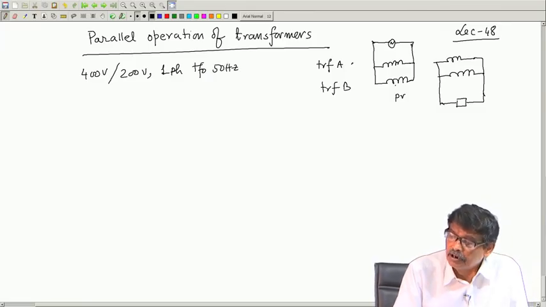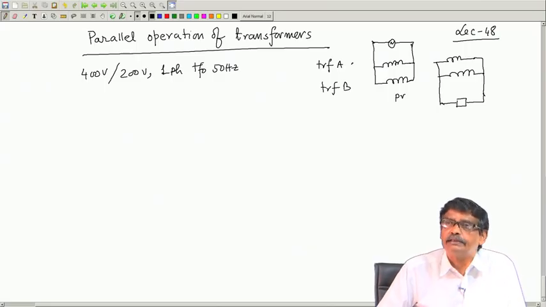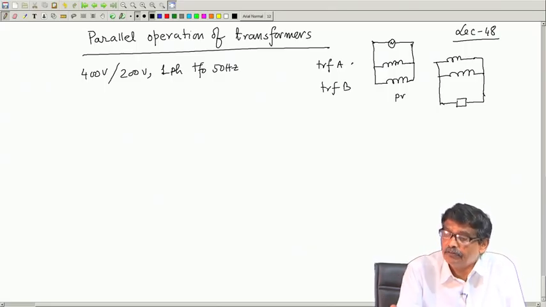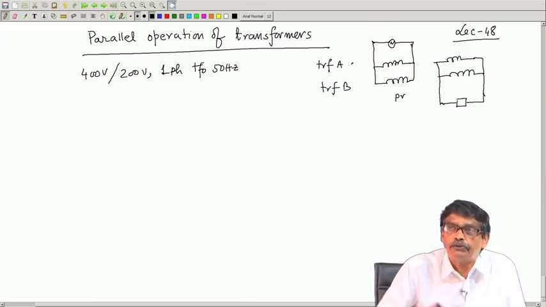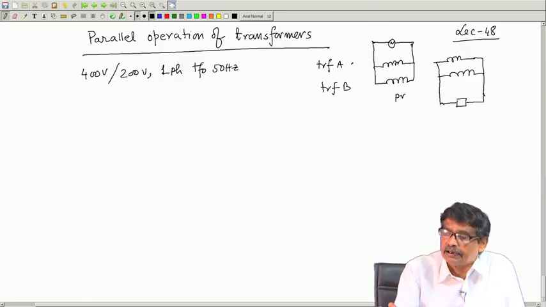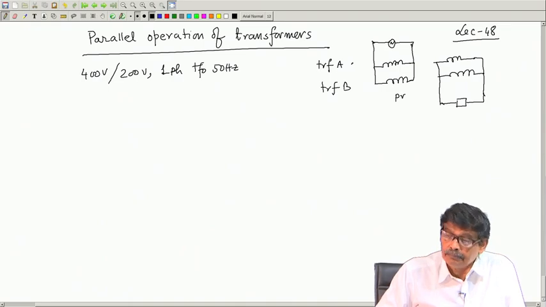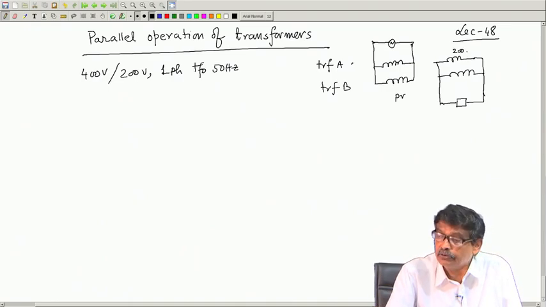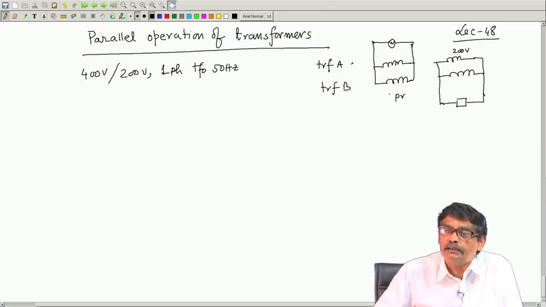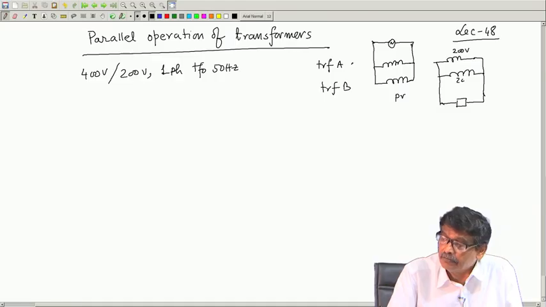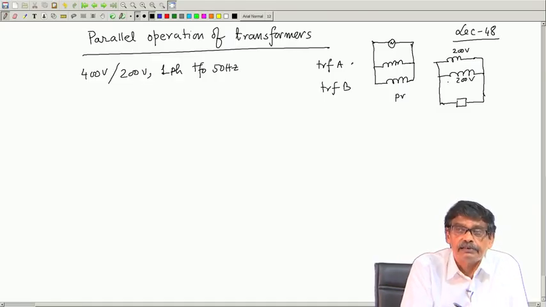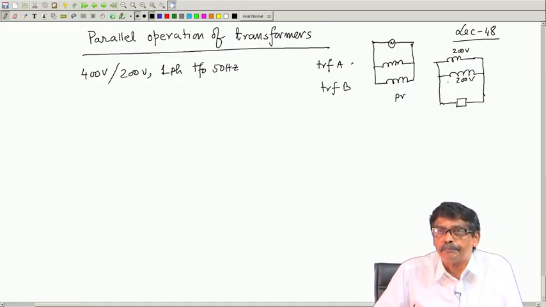Suppose on the 400 volt side I connect them in parallel, which is absolutely logical. The rating of each one of them should be the rated voltage, so they are connected in parallel and supplied from the same source. Similarly, the LV side rating is 200 volt and we are going to connect them in parallel, so voltage cannot be different. The voltage ratings of the primary and secondaries must be the same.